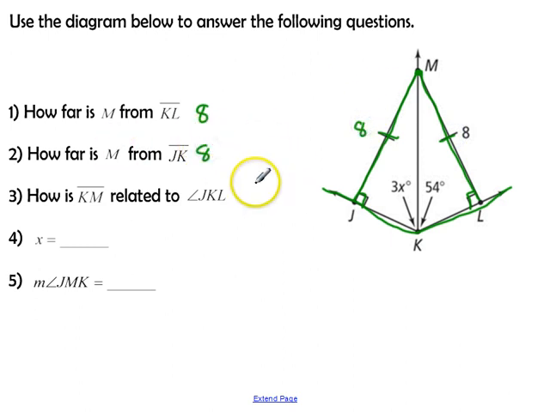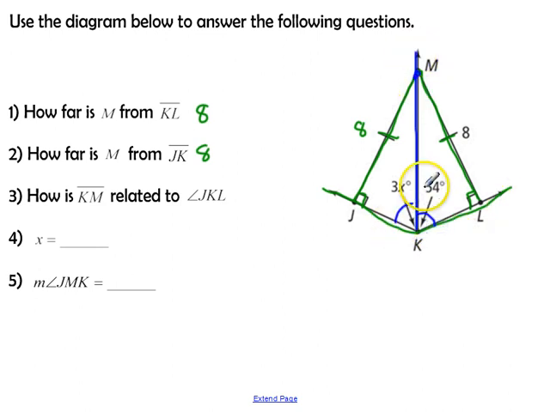Next, it asks us how segment KM is related to angle JKL. So here we have angle JKL, and then here we have segment KM. Now, the converse of the angle bisector theorem says that if you have a point that is equidistant from the sides of an angle, then those two angles, JKM and MKL, are going to be congruent.